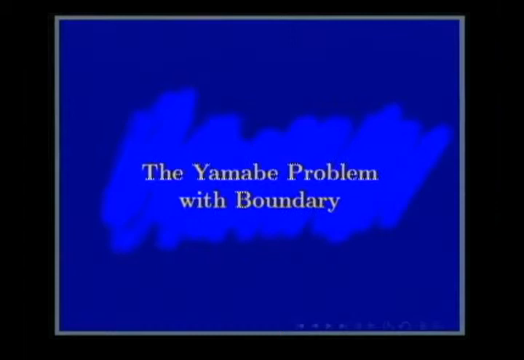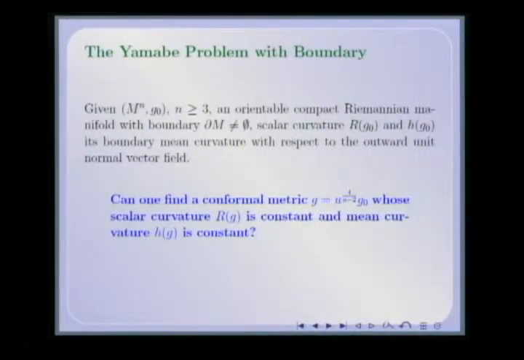But here, I'm interested in the problem with boundary. What is the problem with boundary? The same problem that Ivaldo said in his talk. Suppose that I have a compact manifold now with boundary, with some scalar curvature and some mean curvature of the boundary. Then we would like to find a conformal metric in the conformal class so that the scalar curvature of the new conformal metric is constant and the mean curvature of the boundary is also constant.